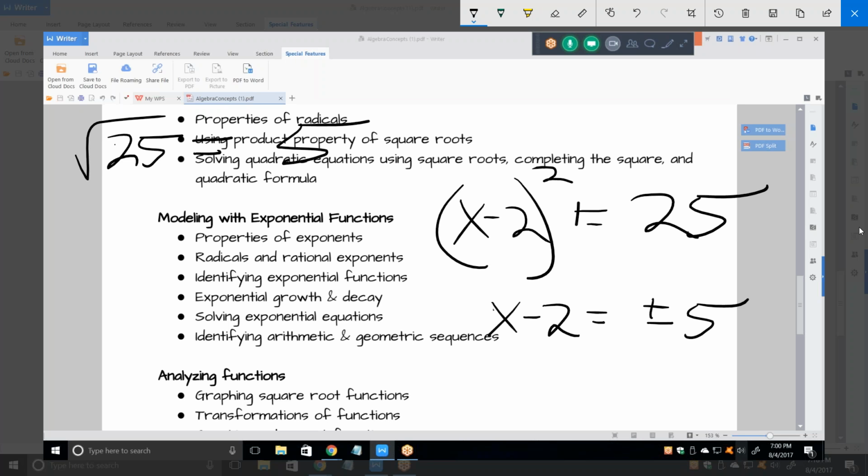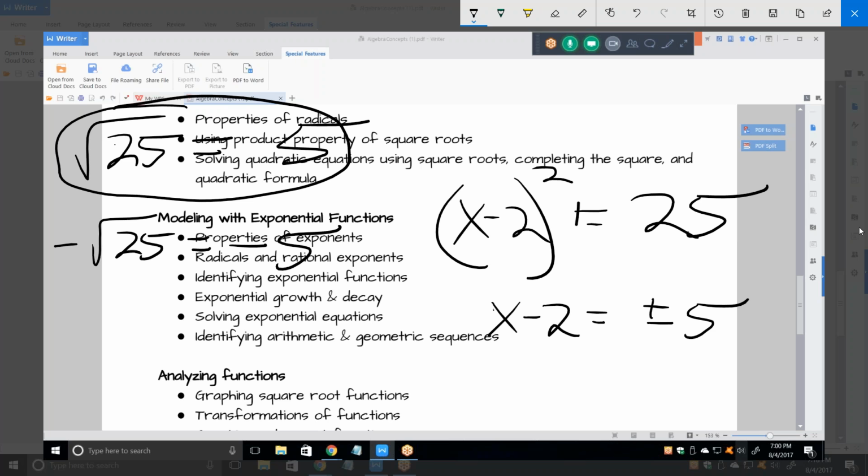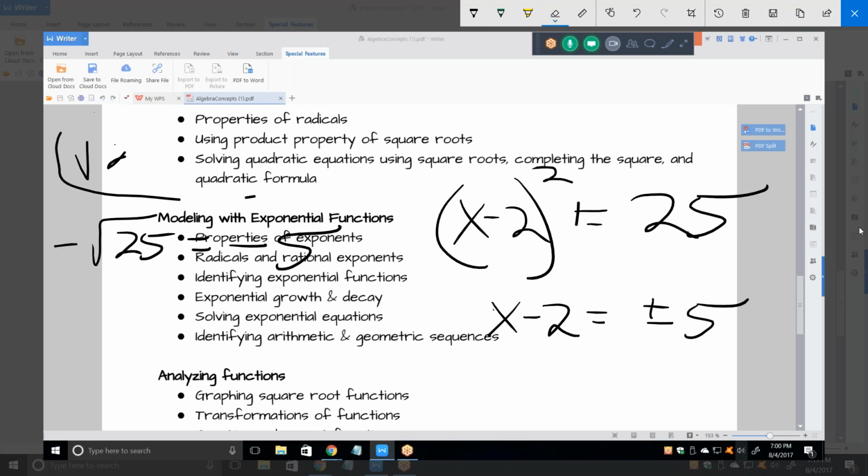If I want minus, I do this, and that's equal to minus 5. So if I'm looking at a radical sign, it's the positive answer only. That's by math convention. But if I'm solving an equation by taking the square root of both sides, it's completely different. My answer has to begin plus or minus.